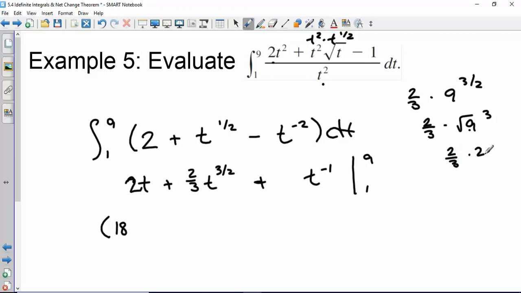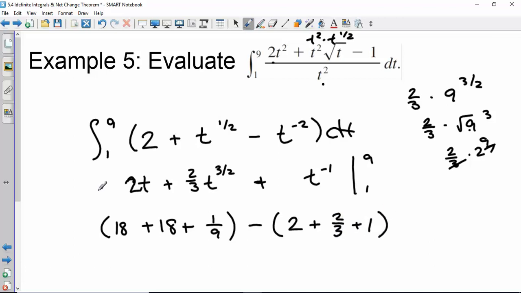So 2/3 times 27 would be 18. 9 to the -1, a negative power just moves it to the bottom. Put in a 1, we get 2, 2/3, and a 1.